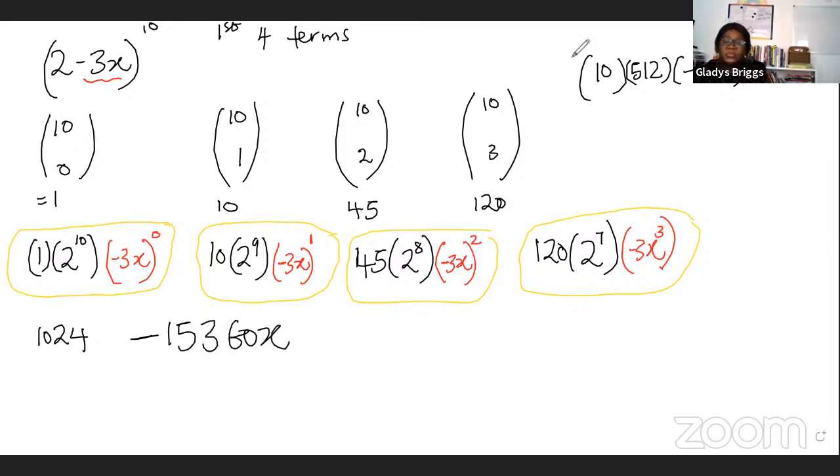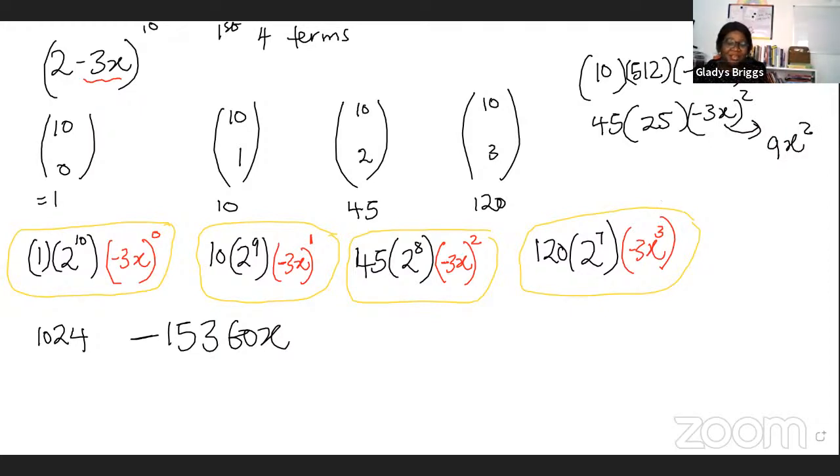Okay, how about this one? What do we do with this one now? 45. What is 2 to the power of 8? 256. 256 times negative 3x squared. What's that going to give us, this one? This is 9x squared, yeah? Ha, that's a lot.